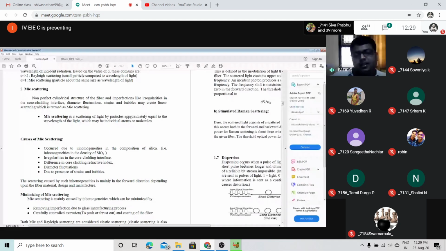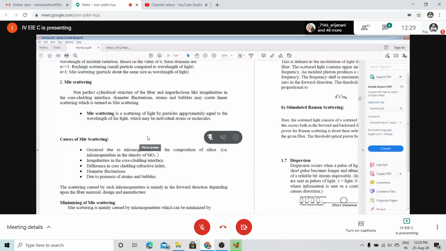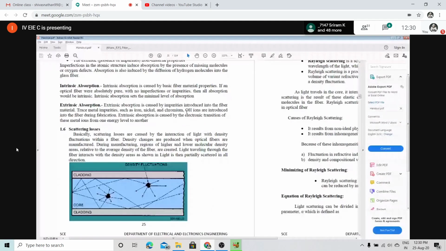The causes of Mie scattering include inhomogeneities in the density, irregularities in the core-cladding interface, difference between the core-cladding refractive indices, and diameter fluctuations. All these correspond to what? Mie scattering. Clear?